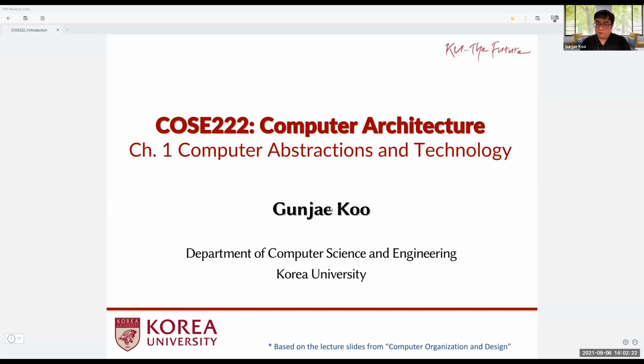This is the computer architecture course. This is the mandatory course in the Department of Computer Engineering and Science, so I think every student who wants to major in this area needs to take this course.